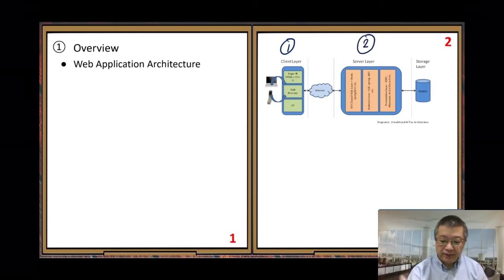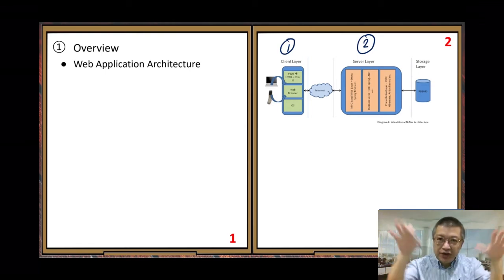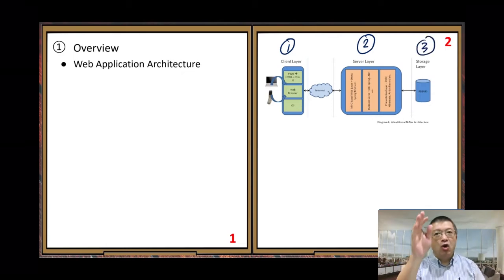This is the second layer. So here you can see server layer. A lot of components arranged in this layer. Then the third layer, storage layer. Here you can see we store data in this layer, database, store the data. You can see the small symbol notation here, RDBMS, okay?